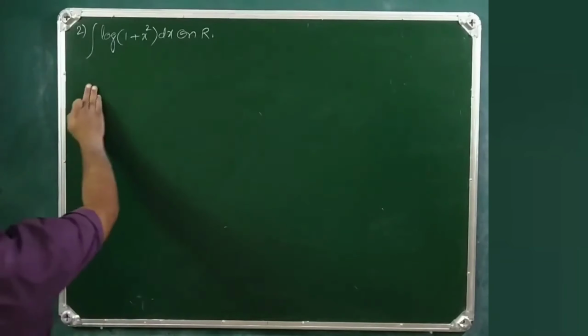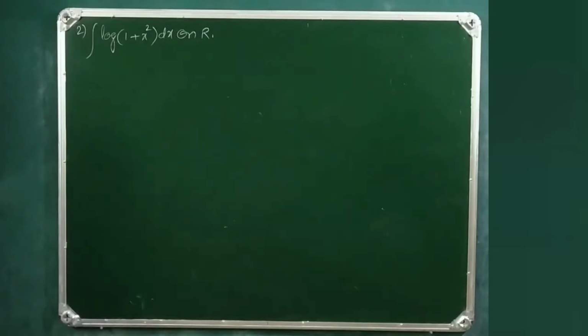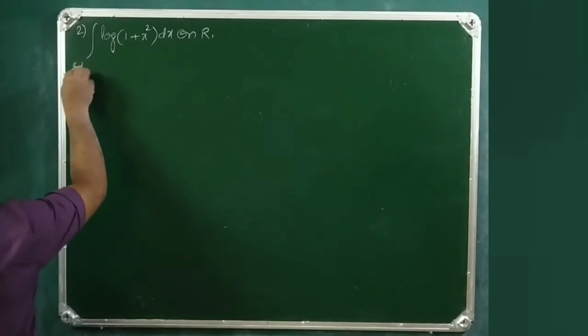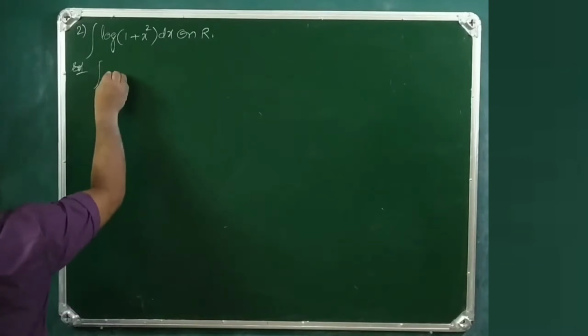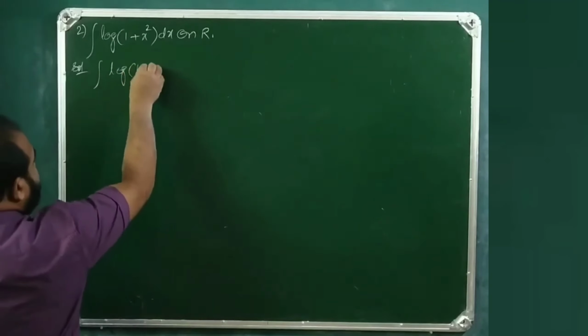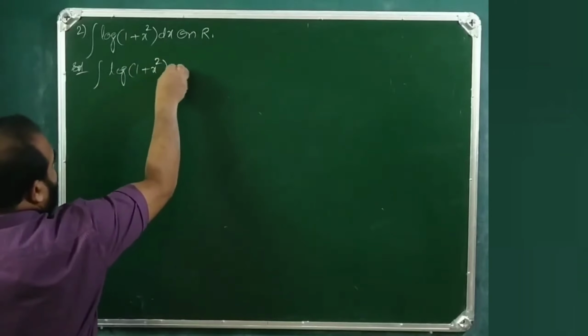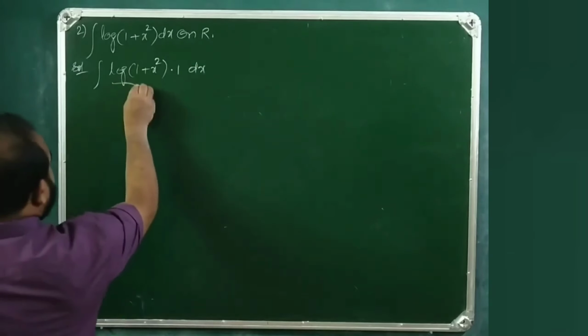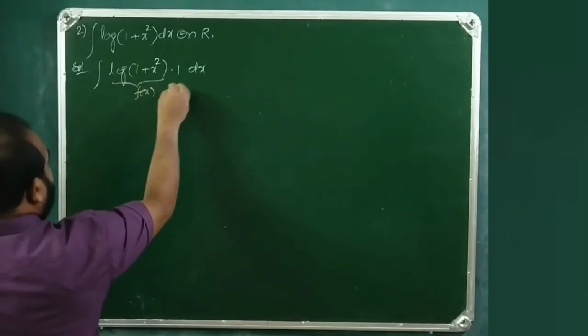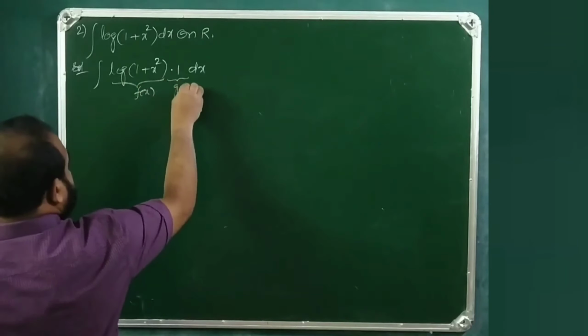Integral of log 1 plus x square dx on R. So the second function here is treated as 1. So this is integral of log 1 plus x square into 1 dx. So this is f of x and this is g of x.